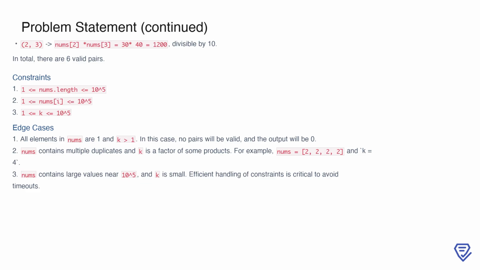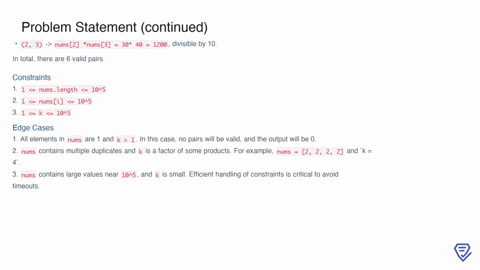Finally, let's look at the third example. The input array nums is [10, 20, 30, 40], and k is 10. This time, there are 6 valid pairs of indices (i, j) where the product of the numbers at those indices is divisible by 10. To illustrate, the pair (0, 1) corresponds to 10 * 20, which is 200 and divisible by 10.